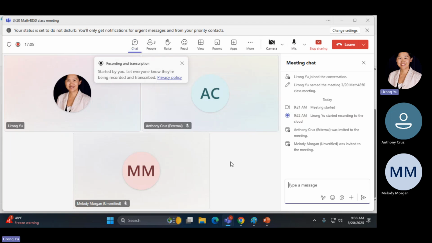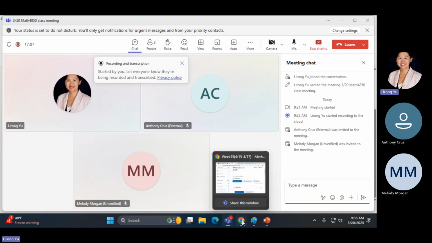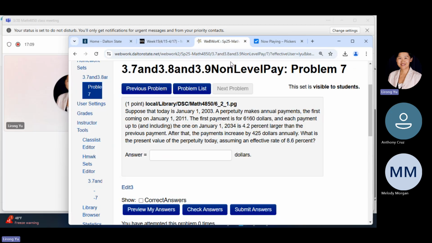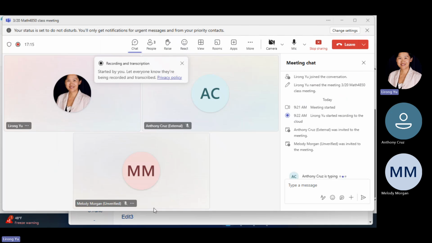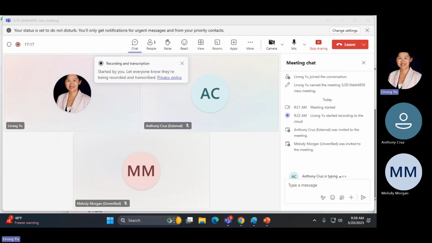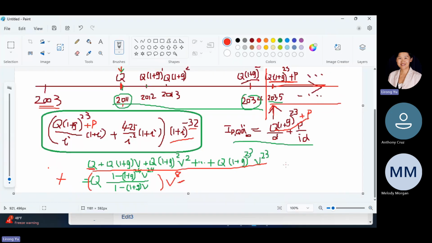Hi, well, do you have any questions? We're looking at the last question on the homework for sessions 37 and 39, and I hope that helps a little, because I'm trying to derive a formula for the computation. There's a change of payment plan.